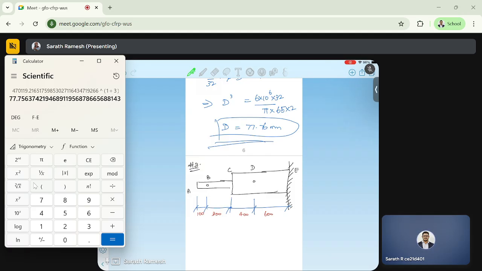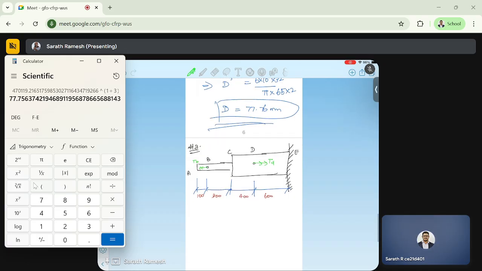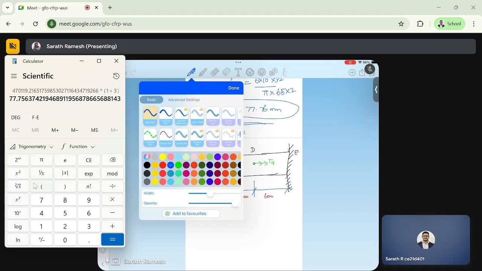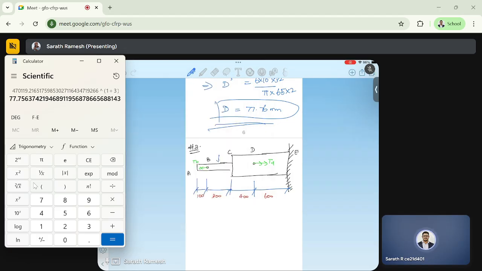So this is in this direction, and here it is in this direction. Okay, so this is TD and this is TB. And the diameter also given. This diameter is given by 20 mm and this diameter is given by 40 mm.